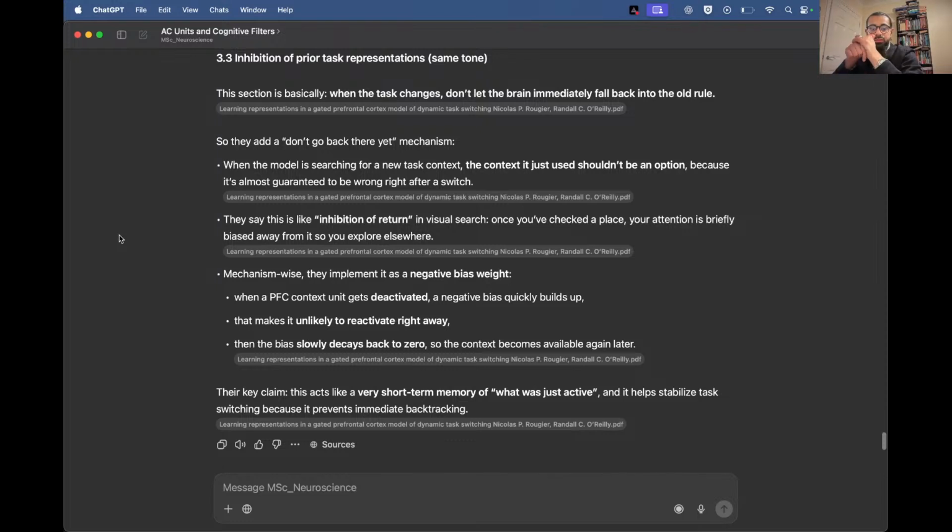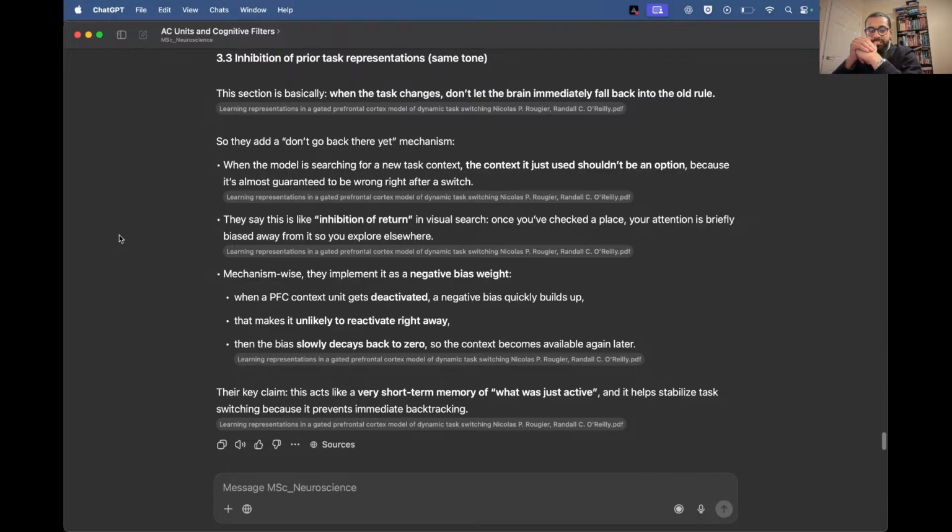In visual search, once you've checked a place, your attention is briefly biased away from it so you explore elsewhere. Mechanism-wise, they implement it as a negative bias weight. When a PFC context unit is deactivated, a negative bias quickly builds up.